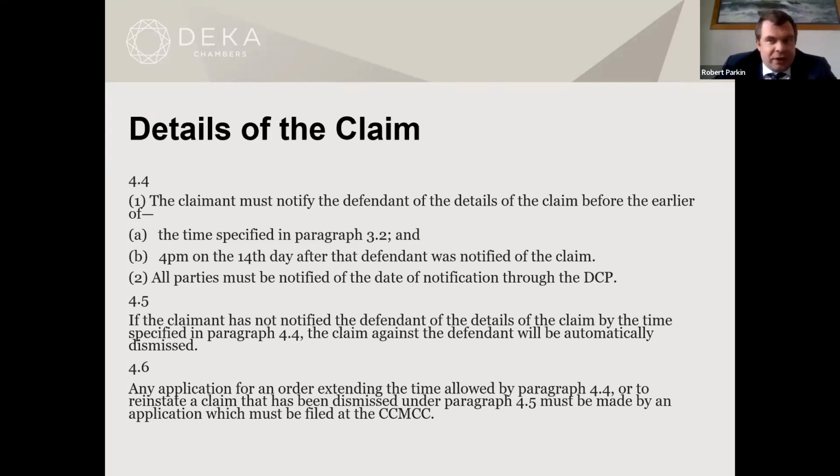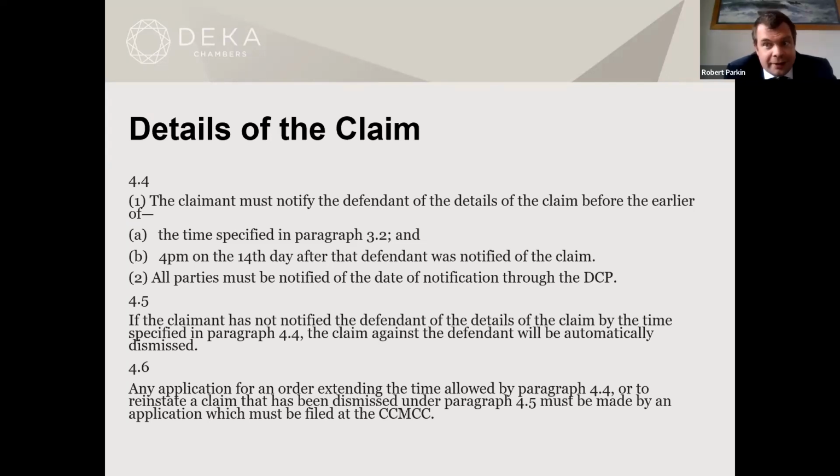Now, we don't know exactly how this is going to work for DCP, but if this had happened in the old paper system, that would be a fairly straightforward application for relief. You wouldn't necessarily have too much of a problem getting that application in. It isn't traditionally seen as being as high a threshold as the applications under CPR 7.6.